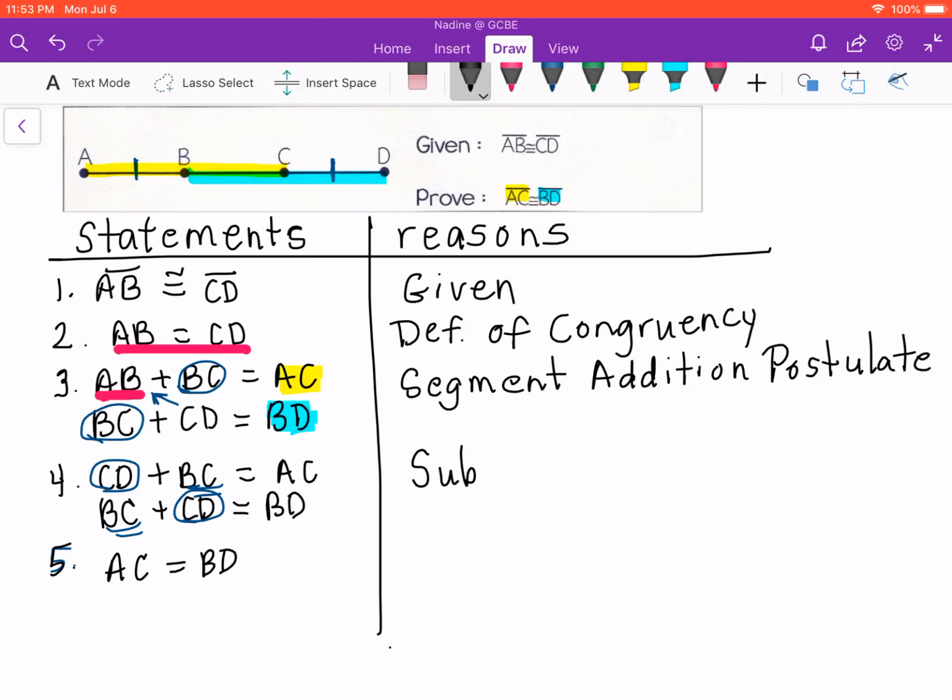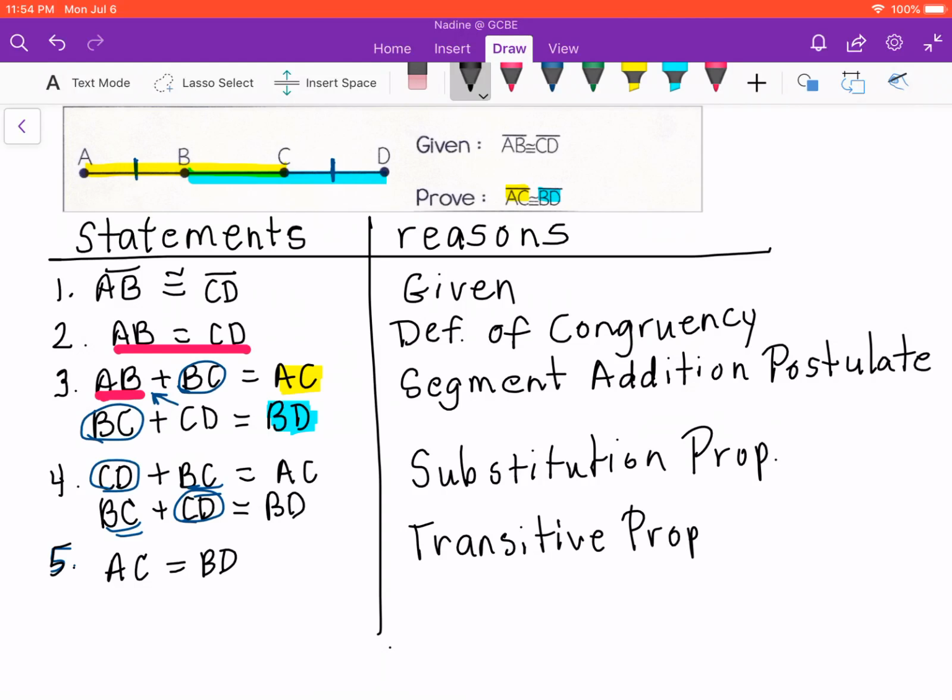I forgot to write substitution; I got excited and ahead of myself. That's our substitution property for number 4. Number 5 is our transitive property, because AC and BD are equal to the same thing, so they're automatically equal to each other.